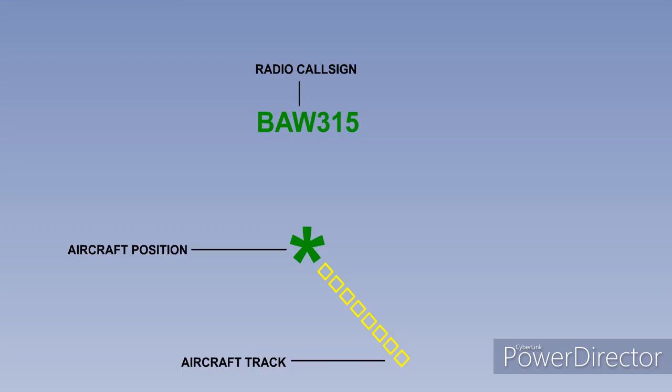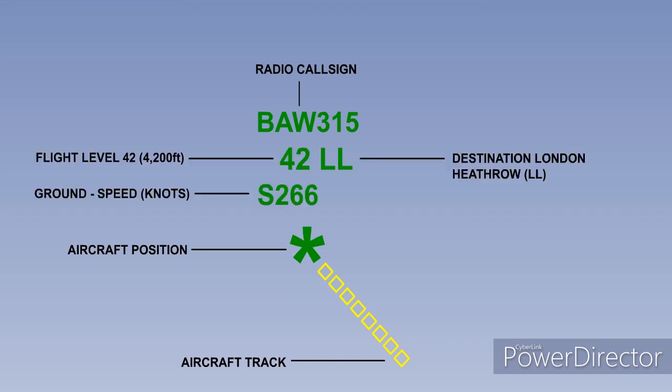The target is positively identified, and its code and call sign can be displayed. An aircraft's track history, speed and destination may also be displayed. If the aircraft has an emergency, has lost radio communications, or is being hijacked, this fact can be displayed by special codes.